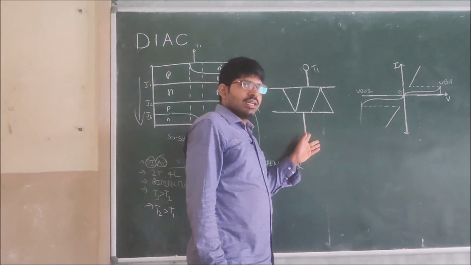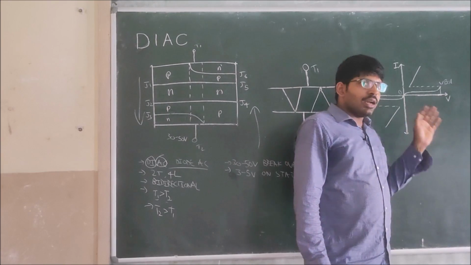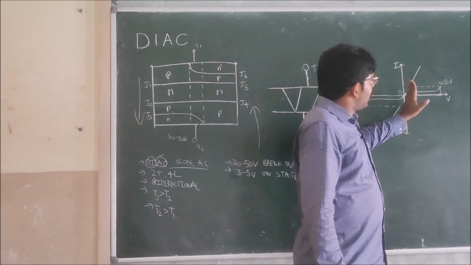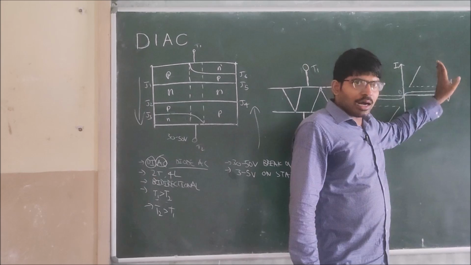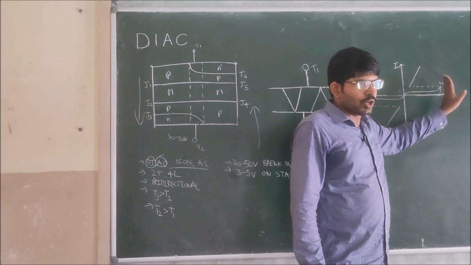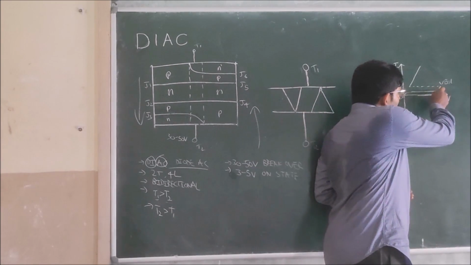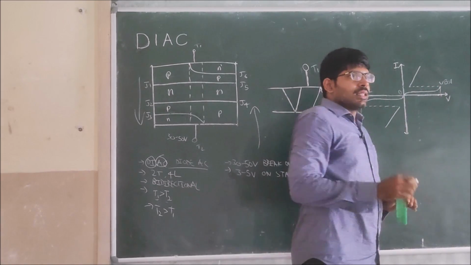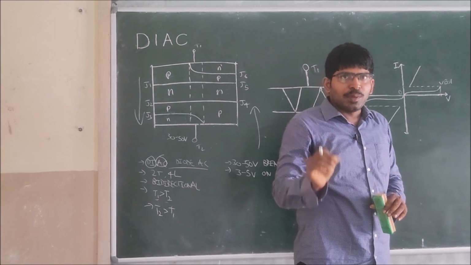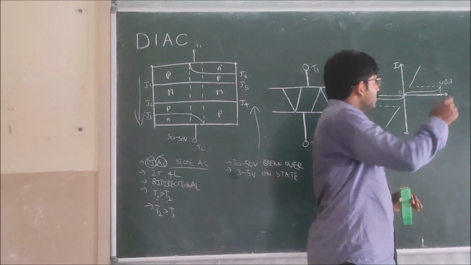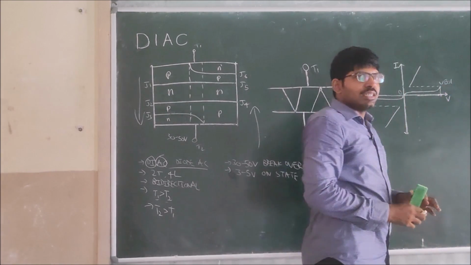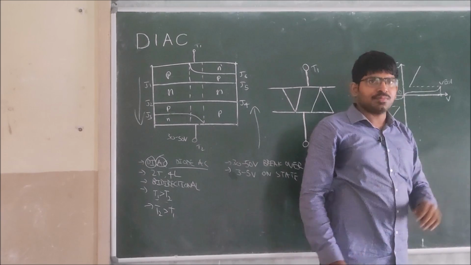Where do we use this diac? Already we discussed the diac conducts after a certain voltage, that is the breakover voltage. Before the breakover voltage, the current is in the range of milliamperes. At the breakover voltage, suddenly the current rises.